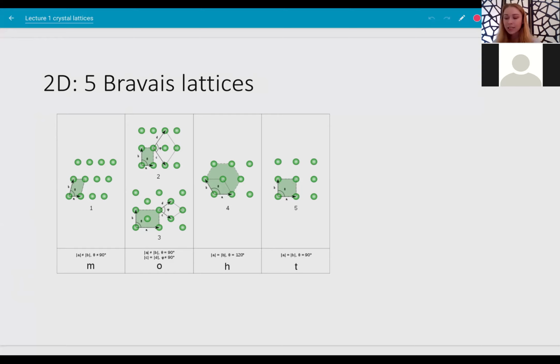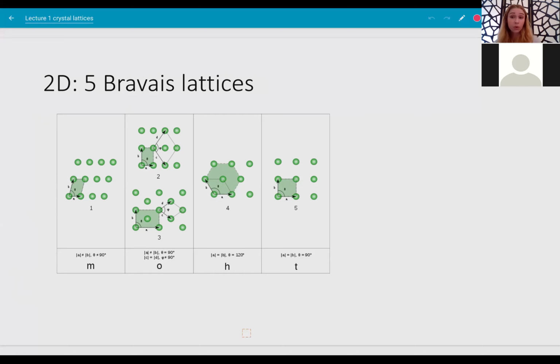The H stands for hexagonal, and the hexagonal lattice has the two primitive translation vectors having the same length, and the angle between them is 120 degrees. I forgot to mention that for the tetragonal or square lattice, the two primitive translation vectors are the same length, and the angle between them is 90 degrees.